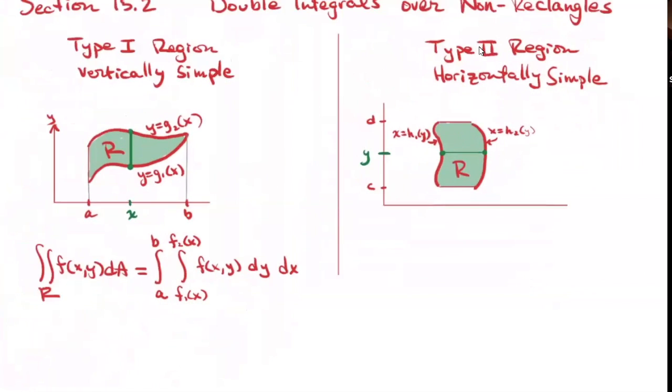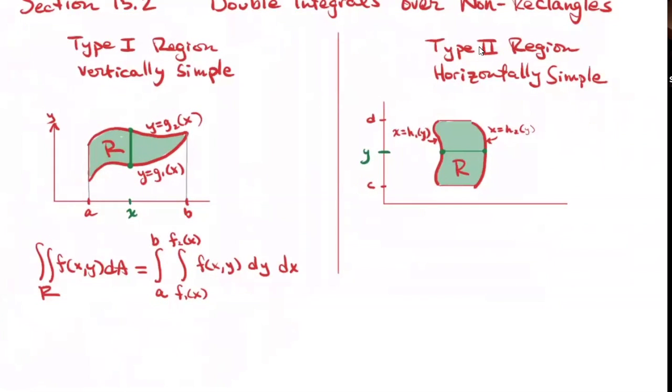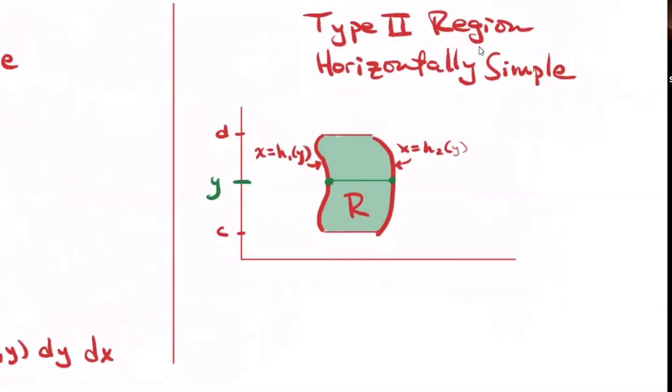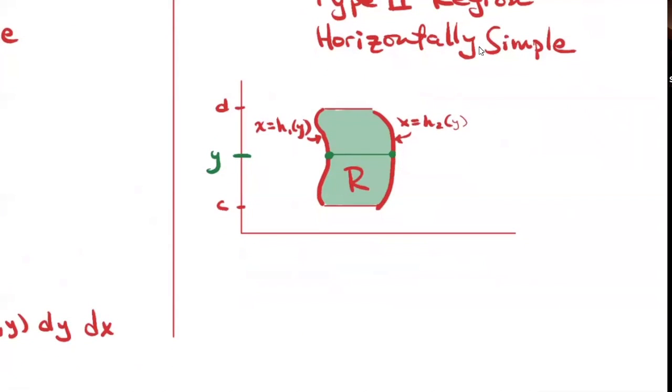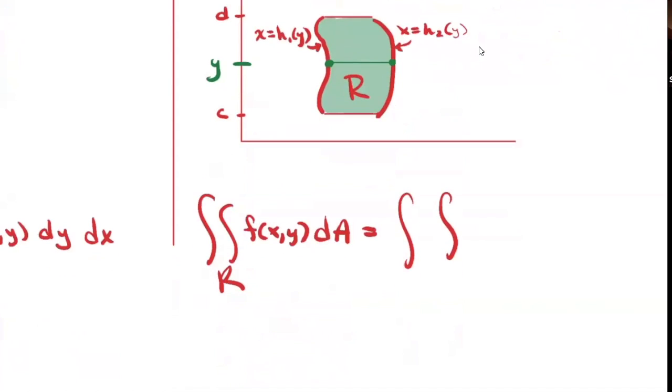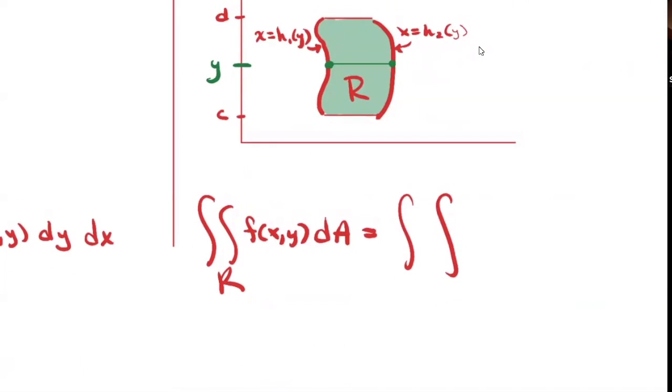And of course, on this one, you're going to do your double integral, but you're going to integrate with respect to x first. So here, we'll write that the double integral over R of f of xy dA will be an iterated integral where we integrate f of xy.